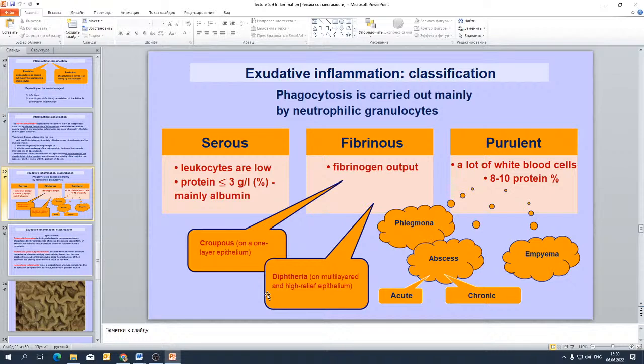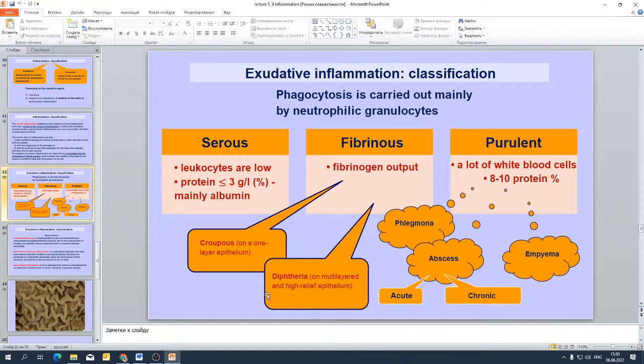If you look at the lecture, we discussed exudative inflammation. If we discuss acute inflammation, in the practical class, if you want, I will show a picture and we will discuss acute inflammation. This is a different time for the development of inflammation.